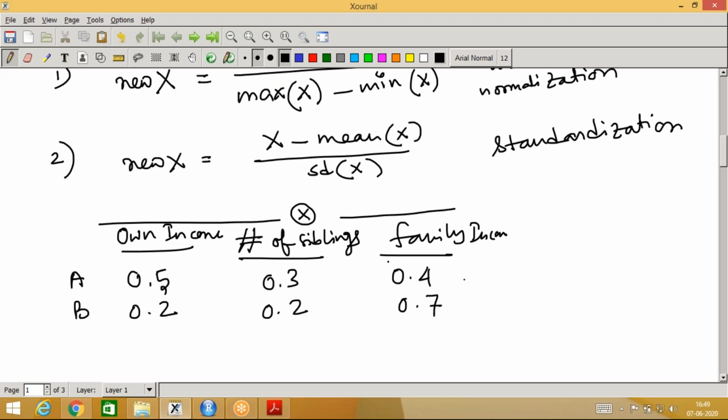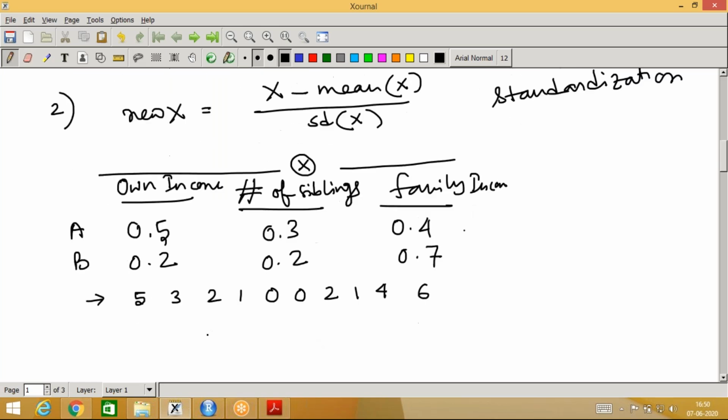Let's say I have 10 people's data. These are the number of siblings. Yes, sir. My father's generation, so 5 siblings is possible. Okay.